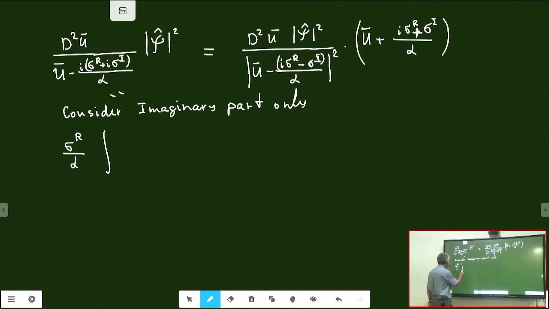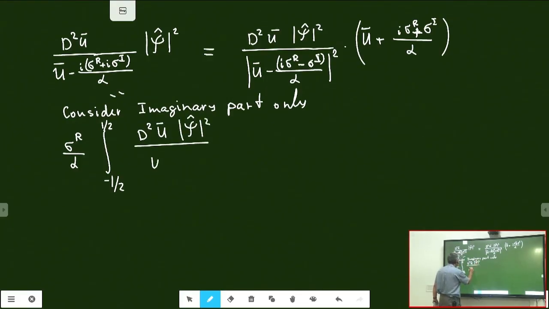Remember, this is part of the integration, from minus 1/2 to 1/2, of d squared u bar psi hat magnitude divided by u bar minus sigma, I will just write it as sigma back, and that will be magnitude squared of that dz.